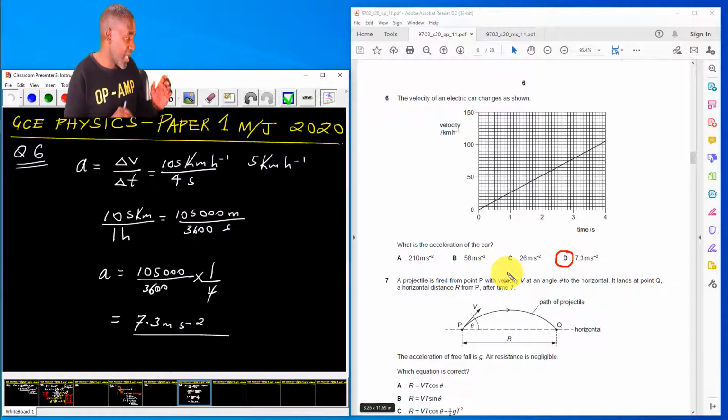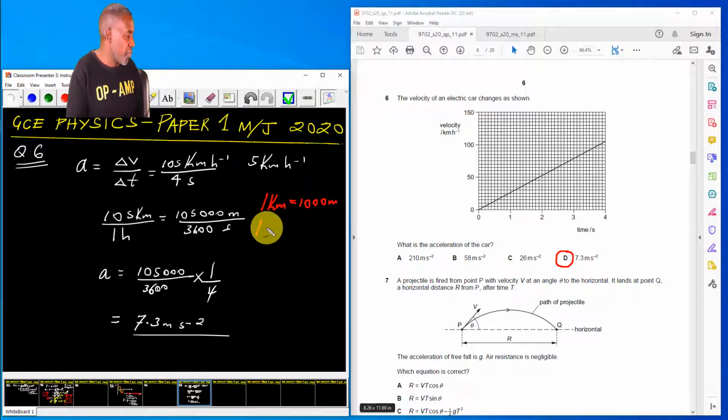The other thing is how you do simple conversions of kilometers per hour into meters per second. You just write it as a simple fraction. 105 kilometers per hour is like 105 kilometers divided by 1 hour. You convert each one of these into SI units. How do I get this? I multiply this by 1,000 because I know that in 1 kilometer there are 1,000 meters.